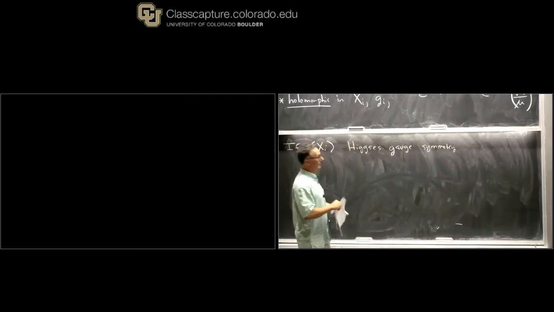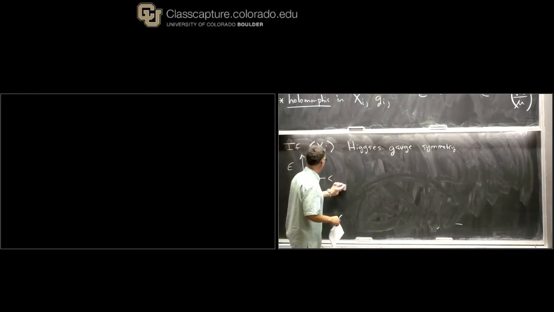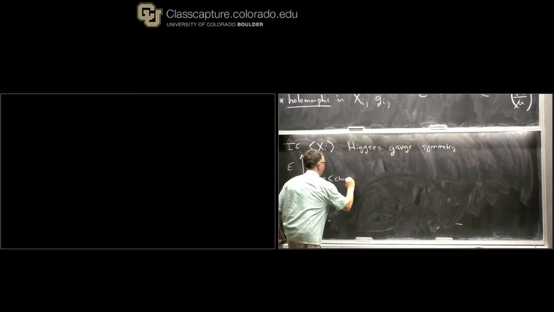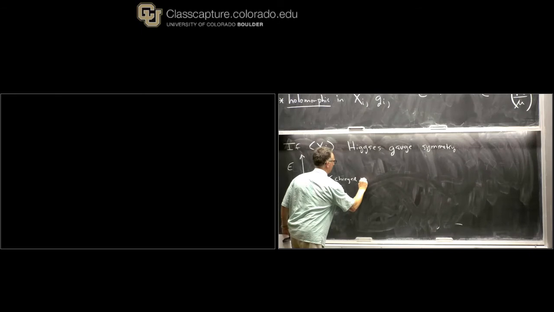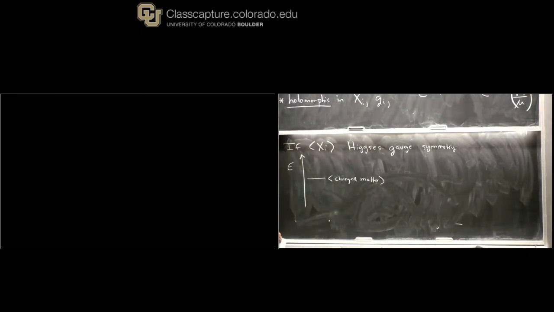then we could think about that as follows. If I plot here as a function of the energy scale, this X is some gauge invariant composite, but it's associated with some charged matter field getting some expectation value. And so at very, very high energies, we have our original gauge group.